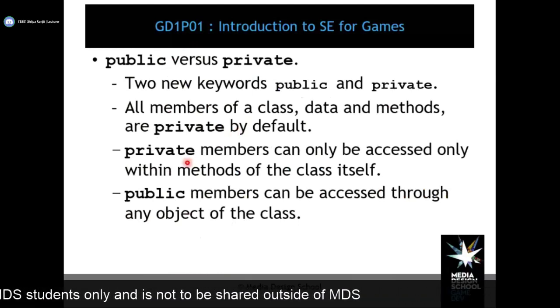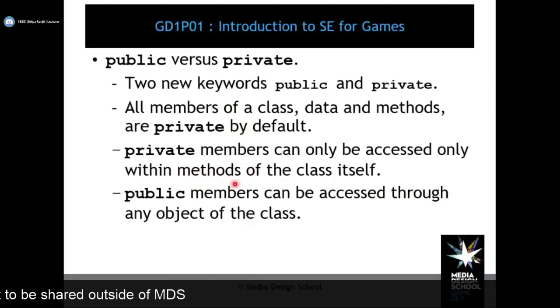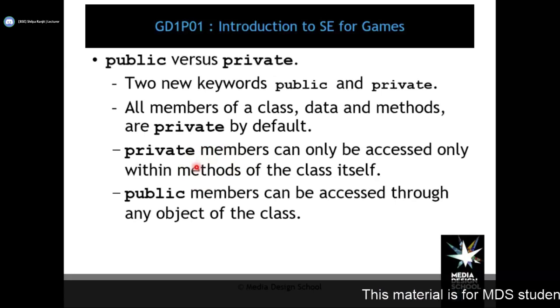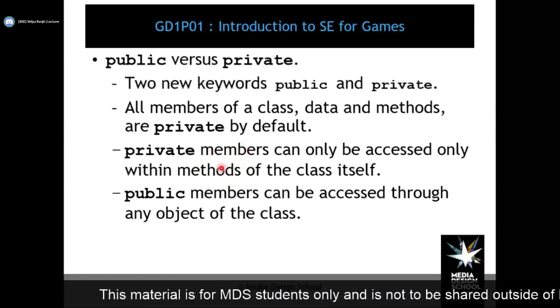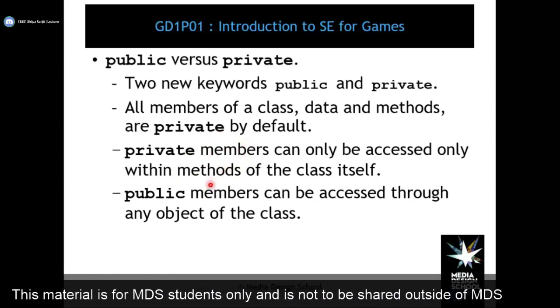What private means is these members can only be accessed within the methods of the class, that is, within the member functions of the class. Nothing outside the class can access the members. Only the member functions of the class can access the private members. Remember, it's not just data members.